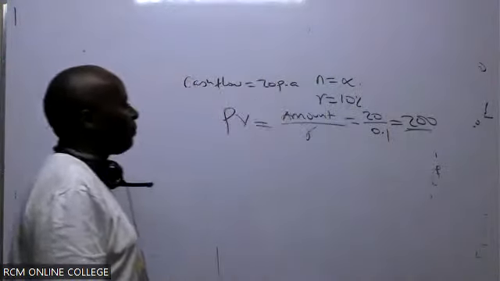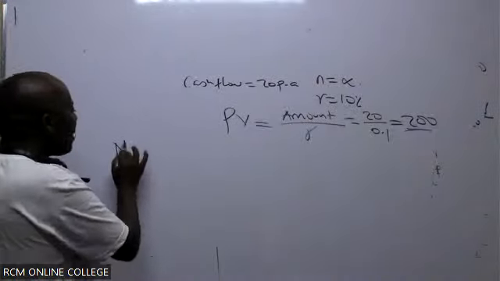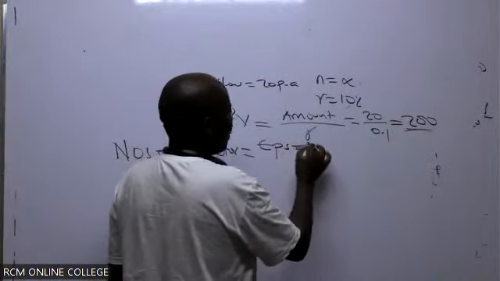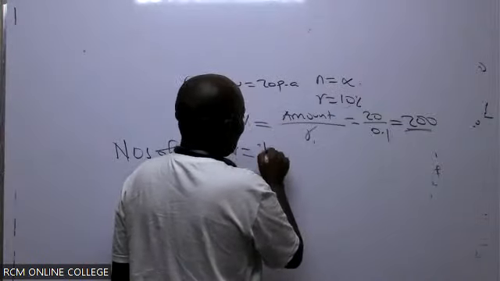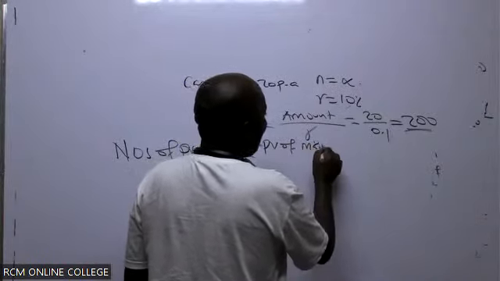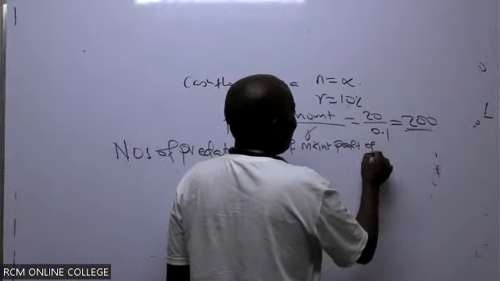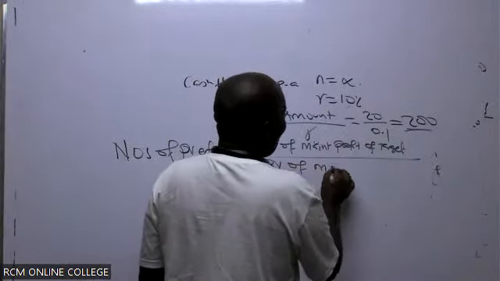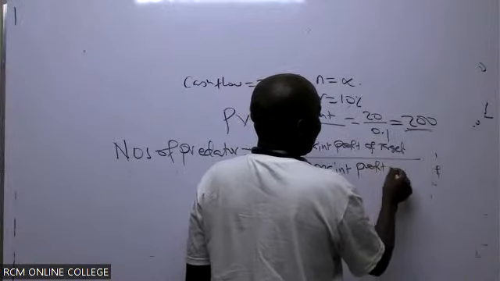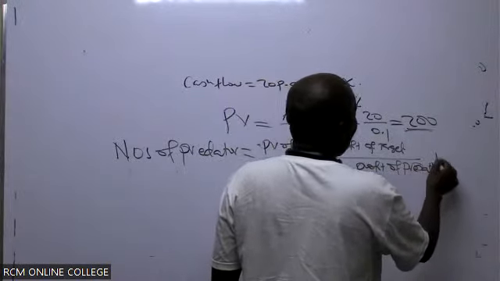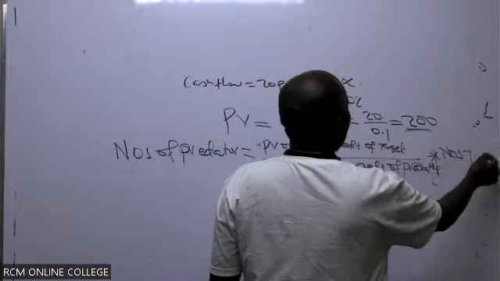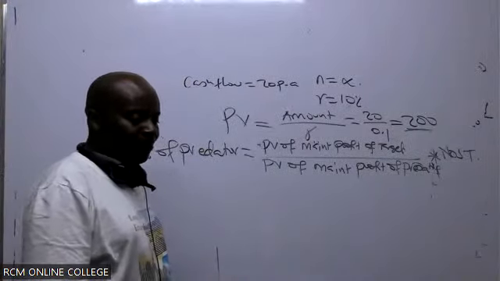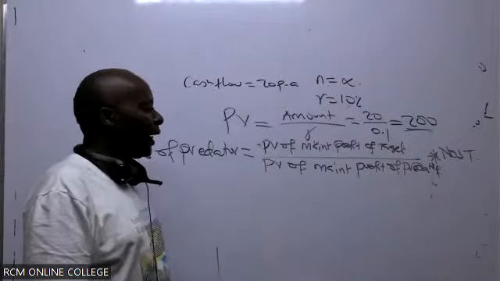This means that the number of shares of the predator will be equal to the present value of maintainable profits of the target, because we must start with the target, all over the present value of maintainable profit of the predator, times NoT. NoT is normally the number of shares of the targeted company.